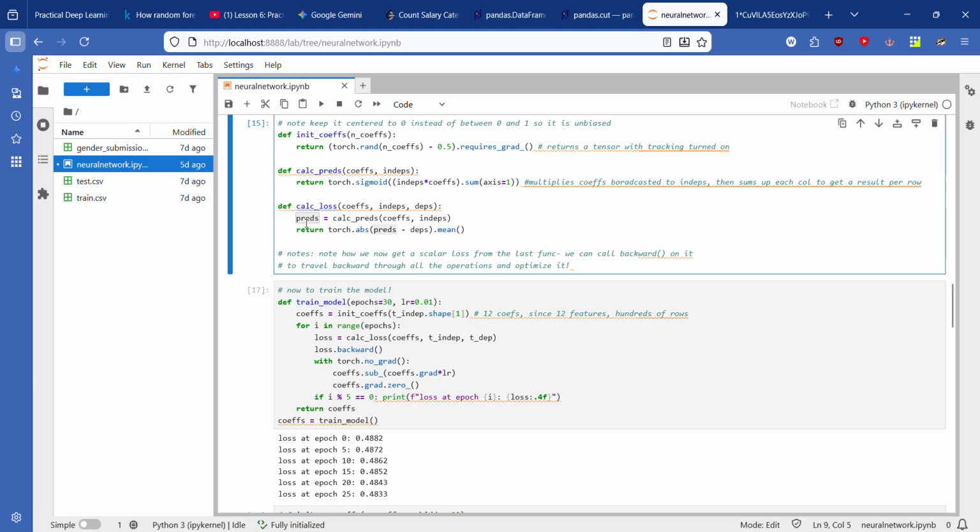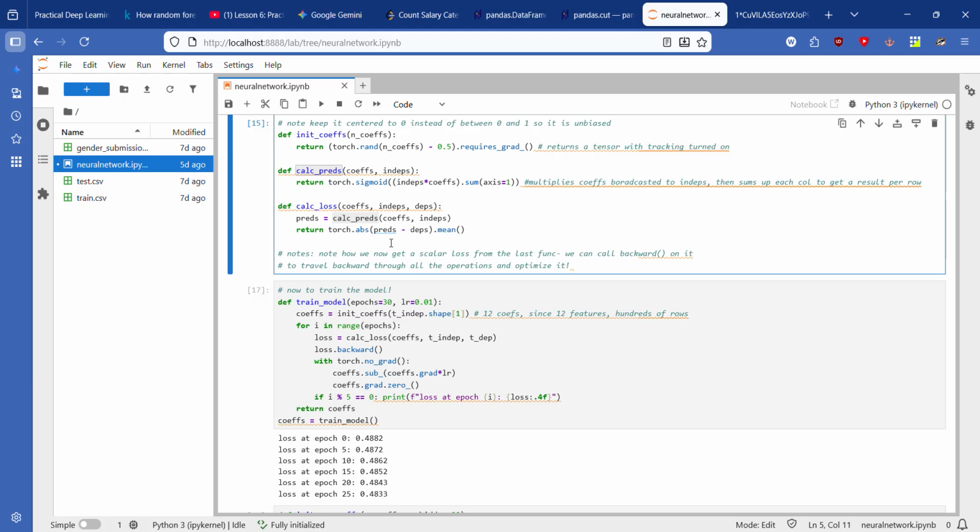So in this calc loss function, which is not the backward function itself, but comes hand in hand with the backward function, which we will see soon, we first calculate the prediction, calling this previous function, and then we subtract the dependent variable from our predictions.